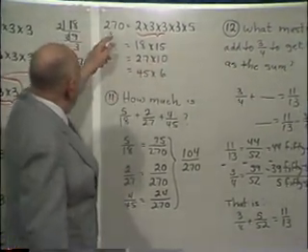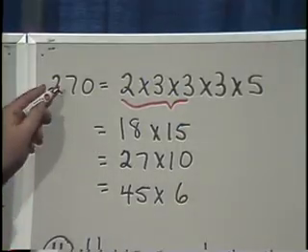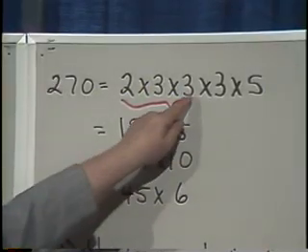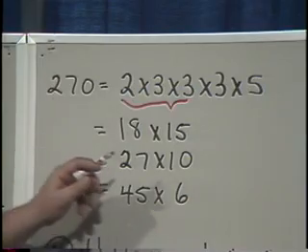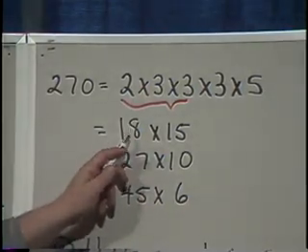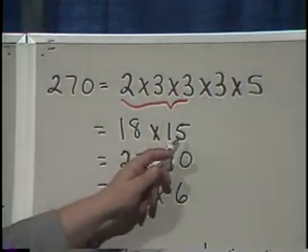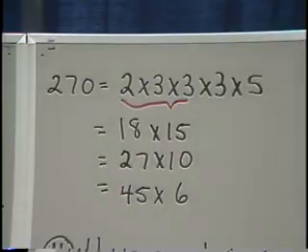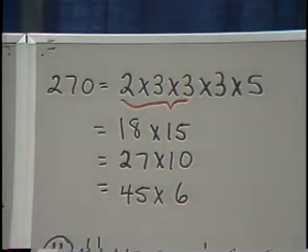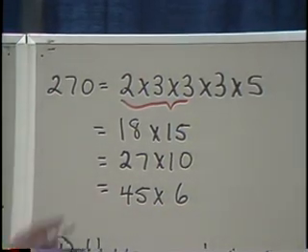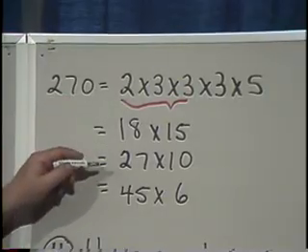On the other hand, 45 goes into 270 6 times, because if you cross out the 2 3s and the 5, you're left with 2 times 3, which is 6. In other words, 270 is what? If you were counting by 18s, it would be the 15th number you came to. If you were counting by 27s, it would be the 10th number you came to. If you were counting by 45s, it would be the 6th number you came to. But look how much easier it is to do the problem this way.